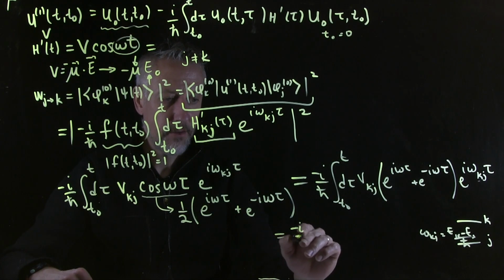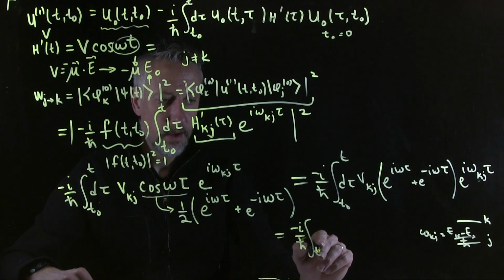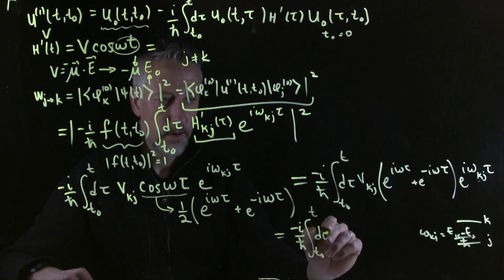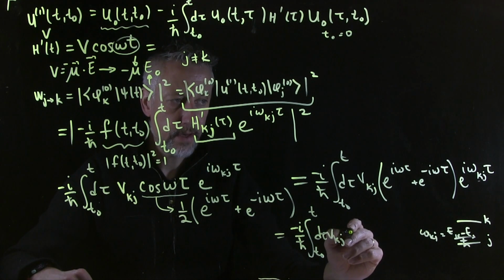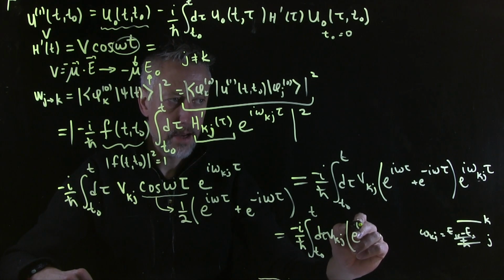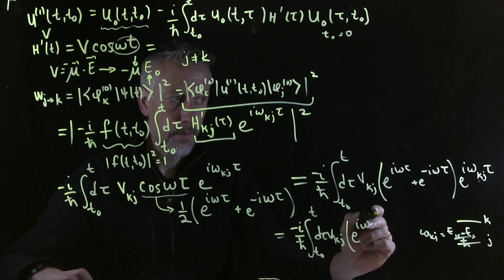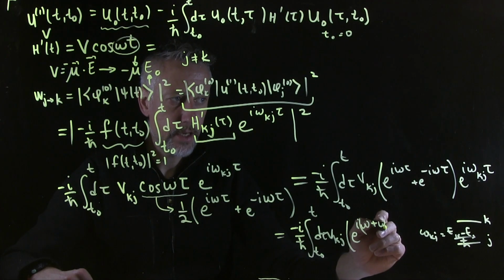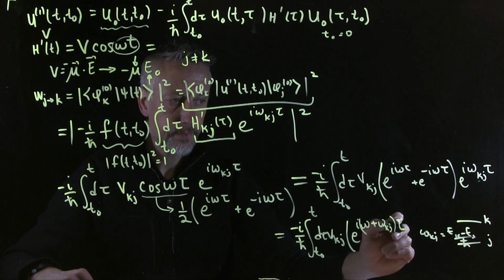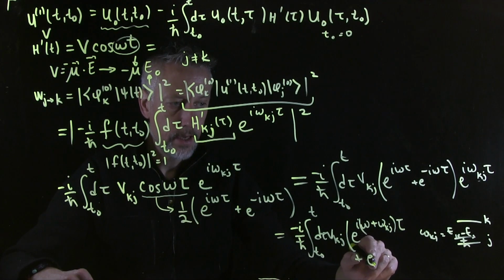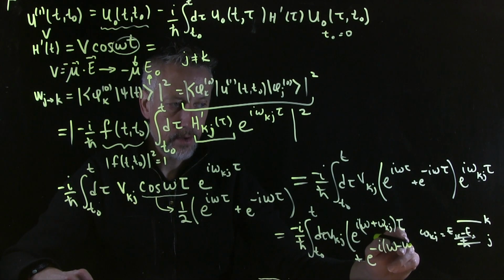So that's minus i over h bar, integral from t naught to t d tau, v_kj, and then we have these two exponentials: e to the i (omega plus omega_kj) tau plus e to the minus i (omega minus omega_kj) tau.